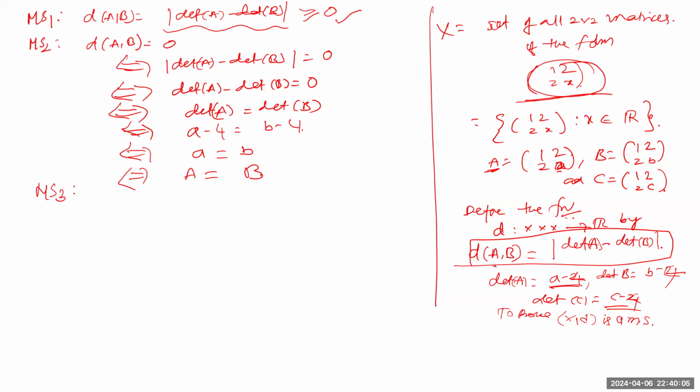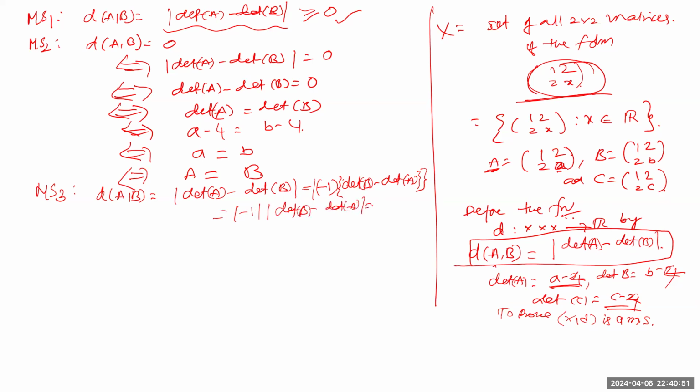So in the symmetric property, the distance of A comma B is equal to modulus of determinant of A minus determinant of B. So in modulus, you can take a minus 1 out of determinant of B minus determinant of A. We know that the modulus of a product of two values is equal to the modulus of minus 1 times modulus of determinant of B minus determinant of A. So that is nothing but d of B comma A.